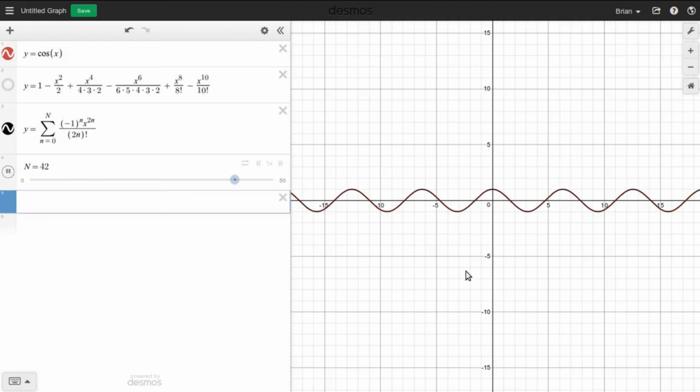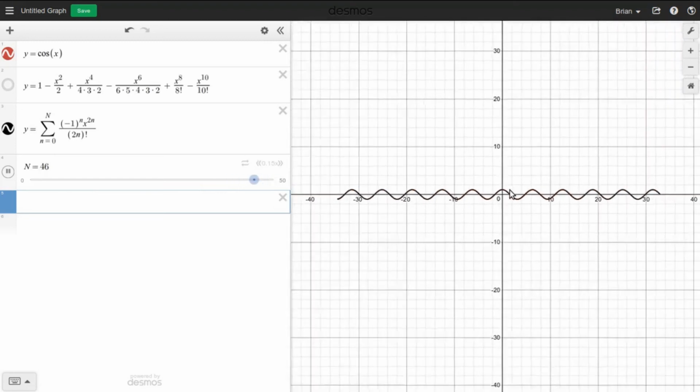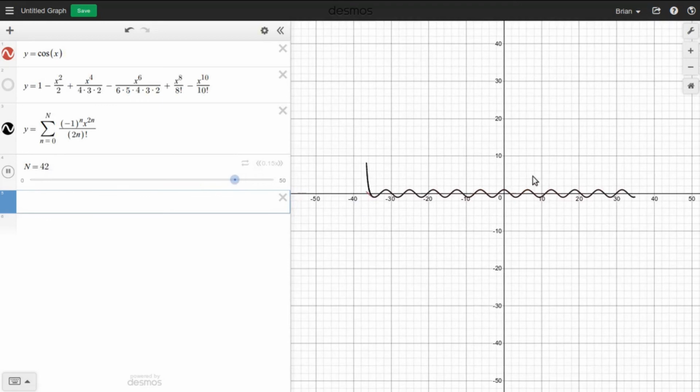And part of the definition of polynomials is that they have finitely many terms. Let's watch this thing converge. We're going to use this bouncing slider. Here we go from the linear. Let's slow it down. This is many periods of cosine that we're fitting with a polynomial.